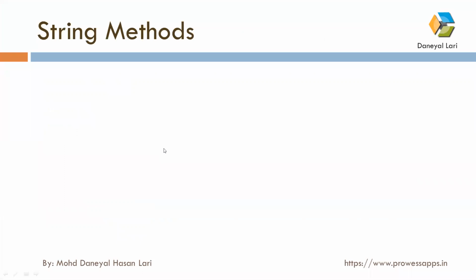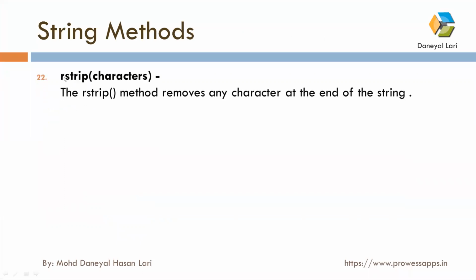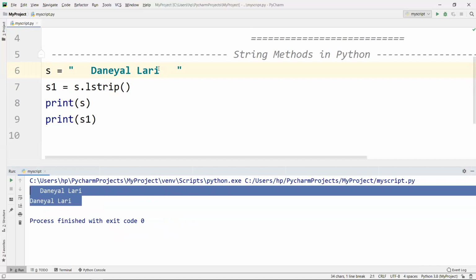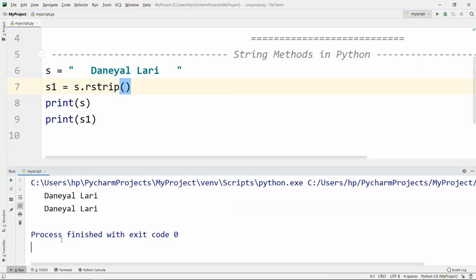Similarly, one more method is available called rstrip. Rstrip means if you want to remove from the right side only, you can use the rstrip method. Look at the output. It will remove the space. As you can see, there are no spaces on the right side, but in s, the spaces are still available.